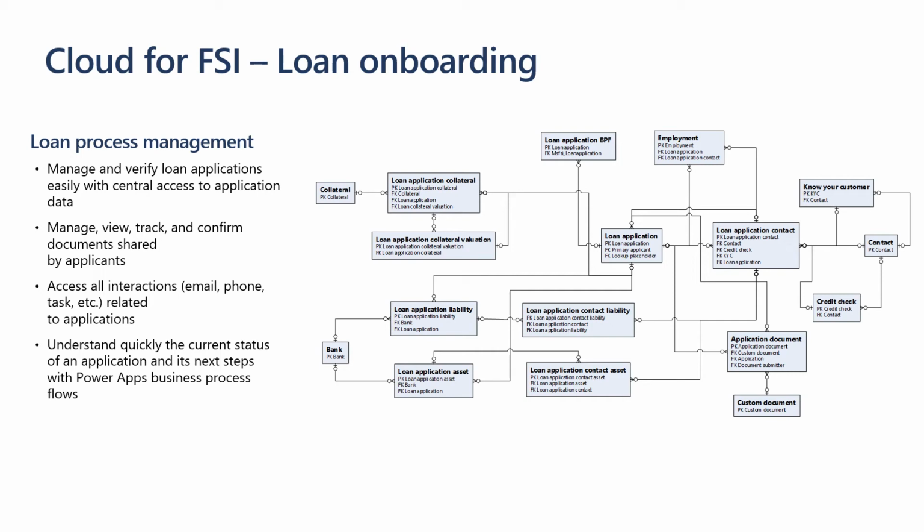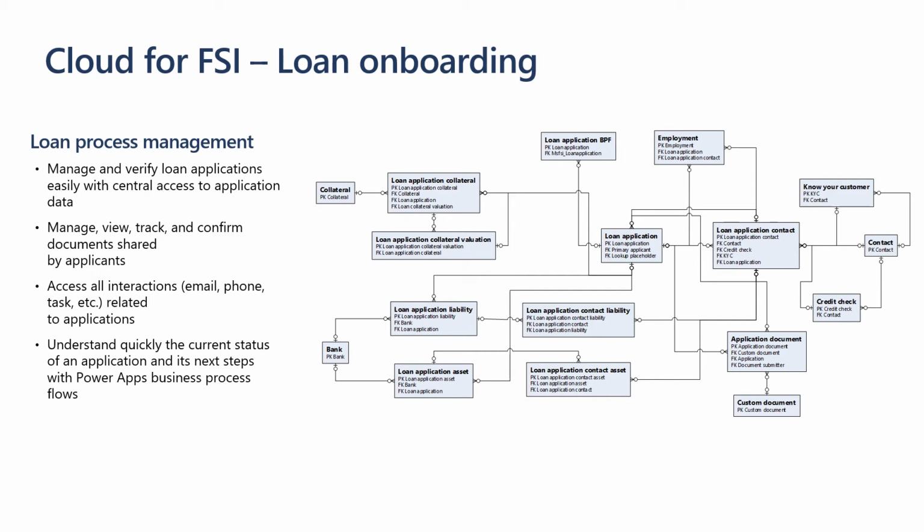Manage loan applications and approvals easily with central access to application data. Manage, view, track, and confirm documents shared by applicants. Access all interactions like email, phone, tasks, and meetings related to applications.